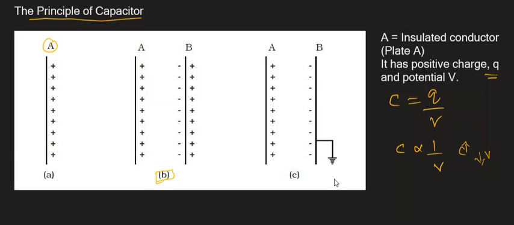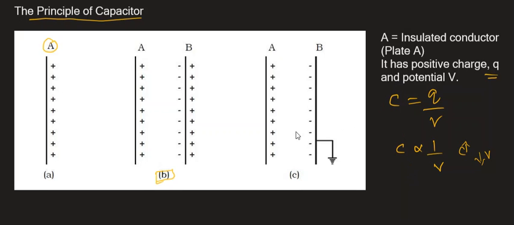Now we are earthing the plate B. When we earth the plate B, all the positive charges are drained. Now it is left with only negative charges. Then what happens? It further decreases the potential, and thereby the capacitance increases further.